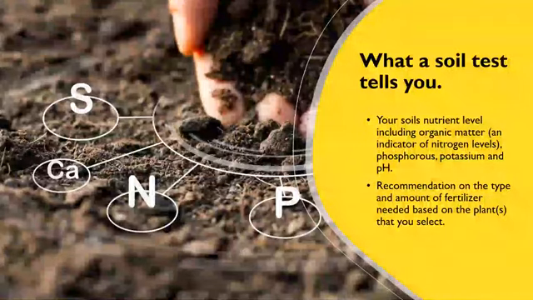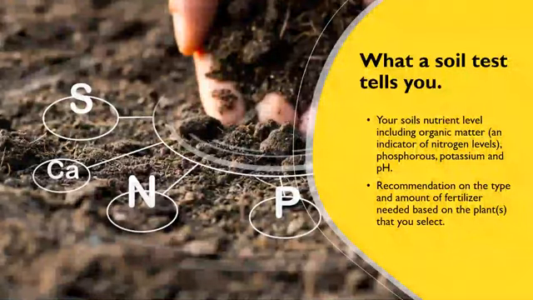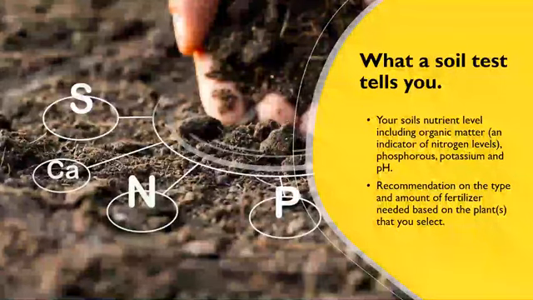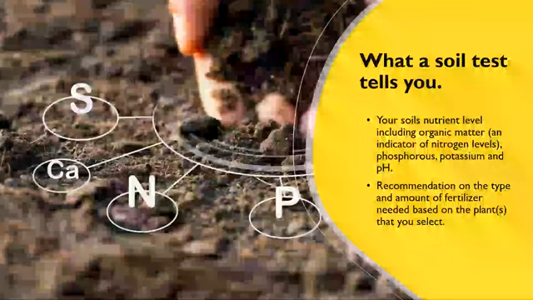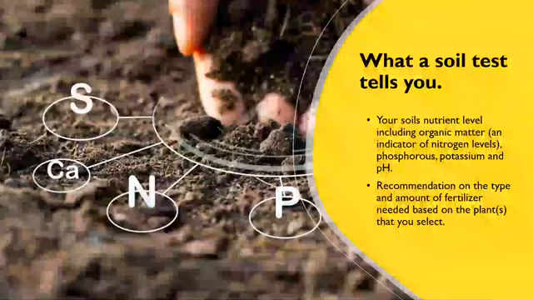You'll also get recommendations. They'll test your levels and give you a little description of the levels in your soil and how those relate to what you're trying to grow. It also gives you a recommendation of how much fertilizer to apply for what you're wanting to grow.